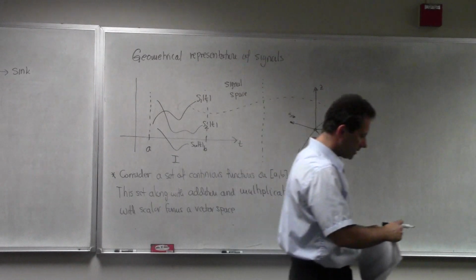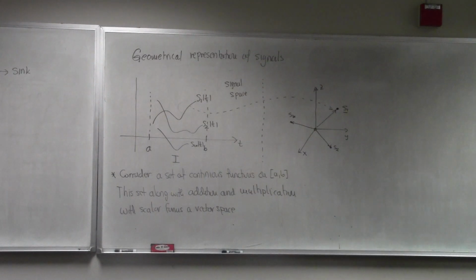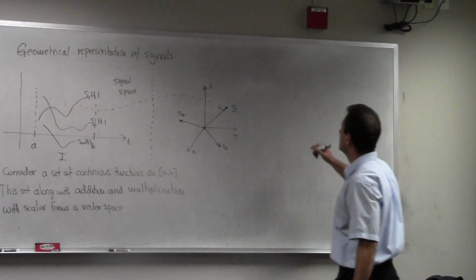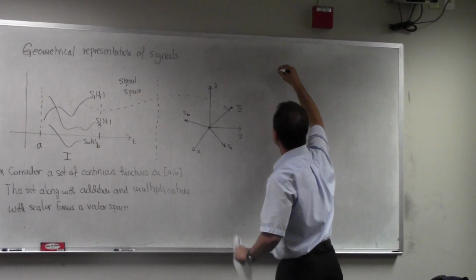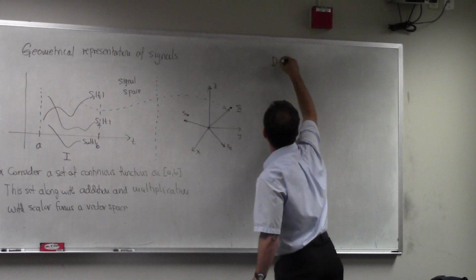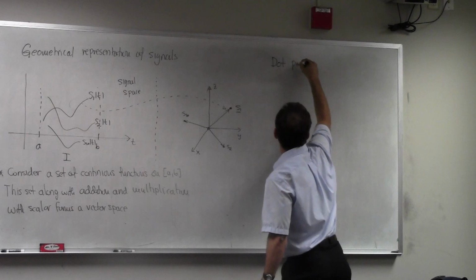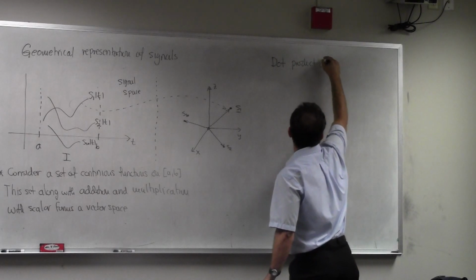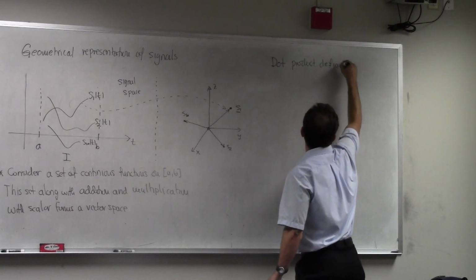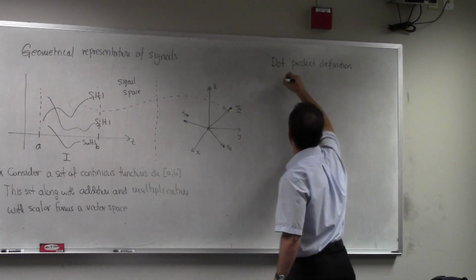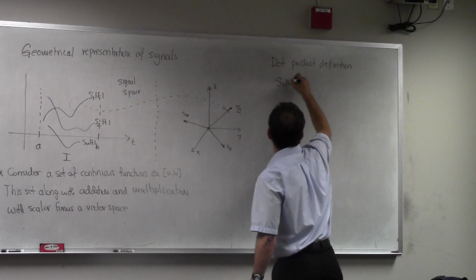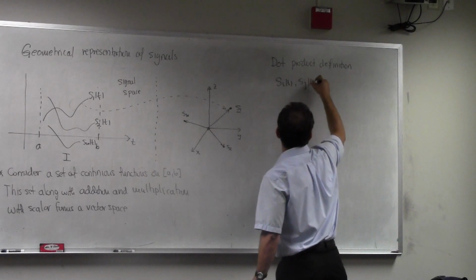So let me define a dot product in that vector space. Dot product definition. Let's say I have two functions, Si of t and Sj of t.